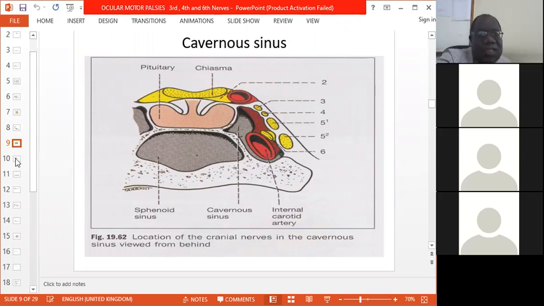So the sixth is within the cavernous sinus, you can see it's next to the carotid. If there is any vascular problem there, like an aneurysm, it's the sixth one. The sixth will be affected first. Okay, these others also, depending on how much bleeding, the pressure towards the wall there.